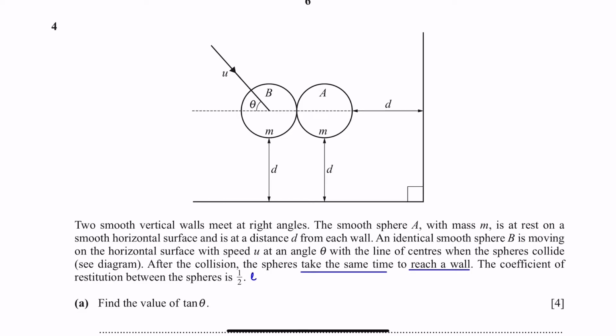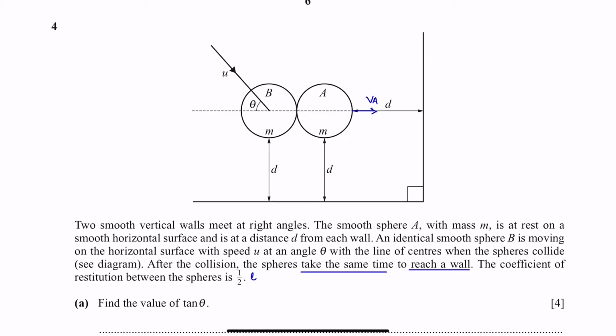So for A, since it's at rest now, it doesn't have any vertical component of velocity. So after the collision, it will only move along the line of centers, which means this would be VA.